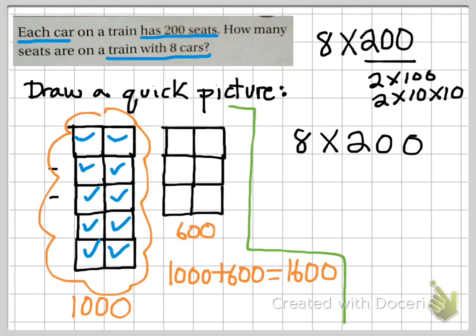And we're going to break this up using word form to help us think about what this really means. So 8 times 200 is equivalent to 8 times 2 groups of hundreds.